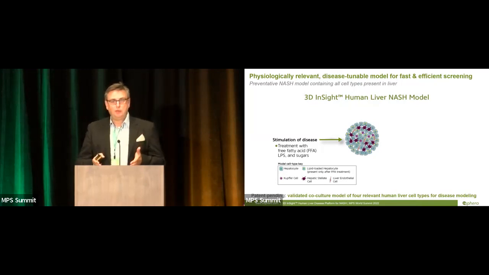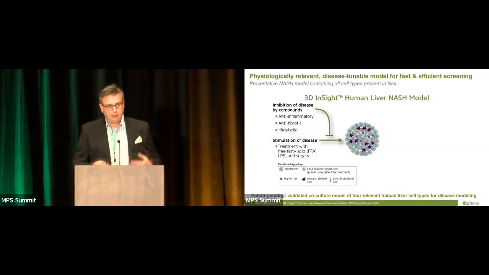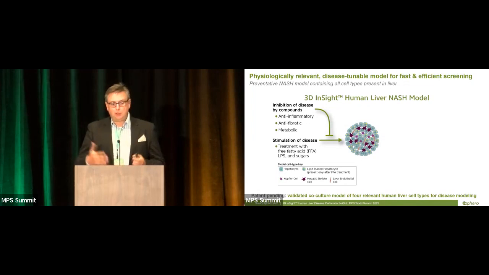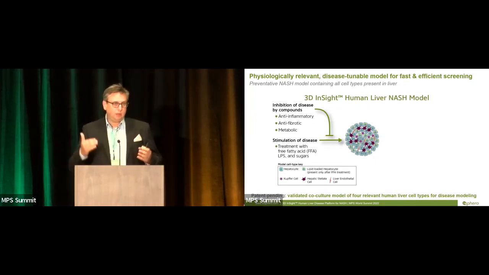But we also have to create an inflammatory insult using bacterial LPS that then triggers the disease progression in the system. And now that we have a diseased phenotype, we can start to look at compounds that are either anti-inflammatory, anti-fibrotic, or metabolic to reduce lipid uptake in such a system.